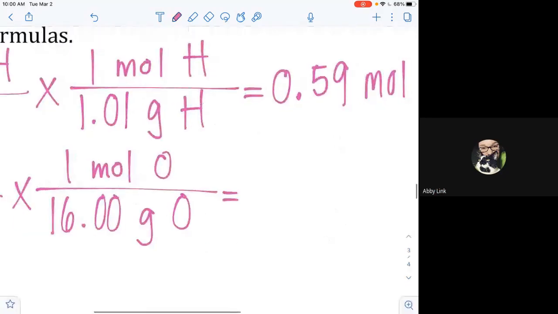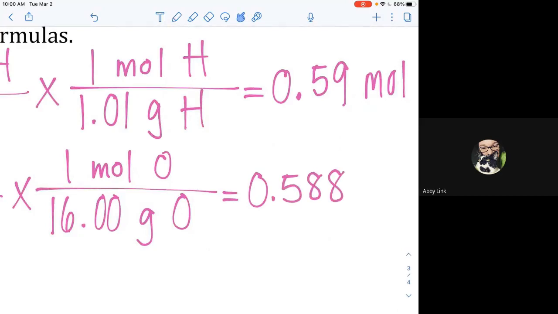When I divide this out, I get 0.588 moles of oxygen.